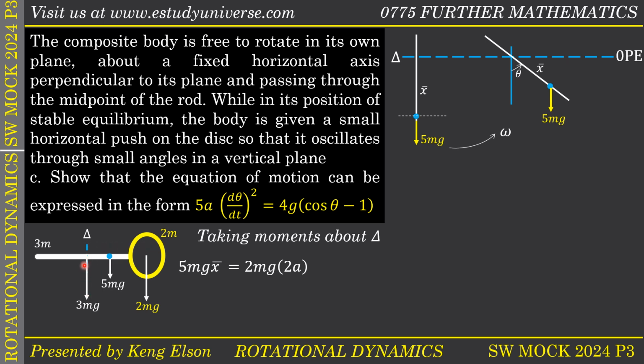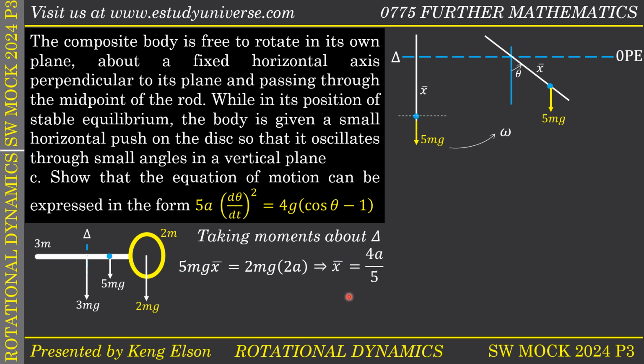Then the moment of the rod about the axis passing through the center is 0, since the weight of the rod is acting at the center. From here we can get x bar. X bar will give us 4a divided by 5, when all m and g cancel, and then we divide both sides by 5 so that we get the value of x bar.